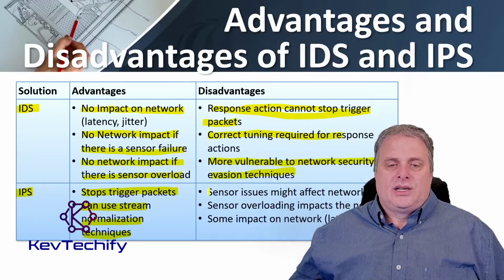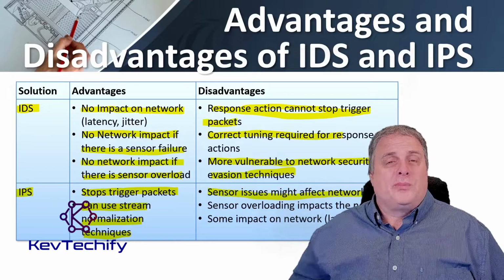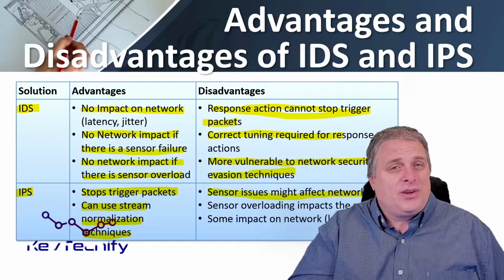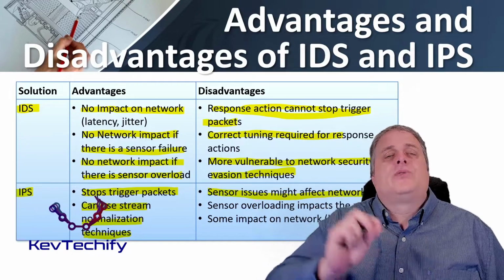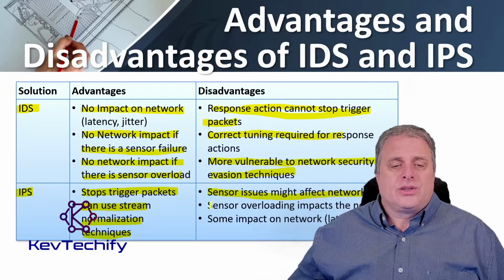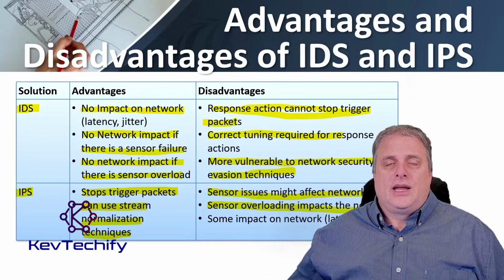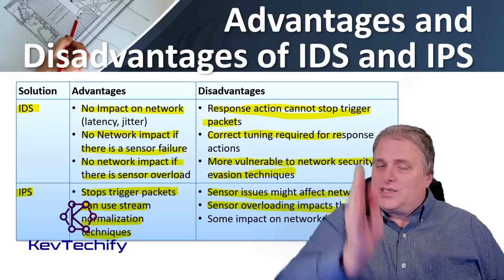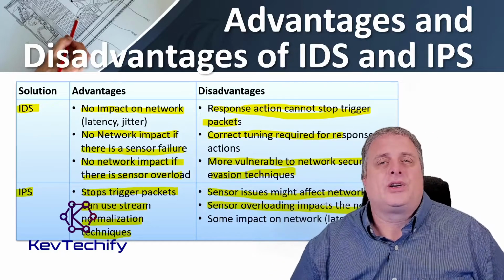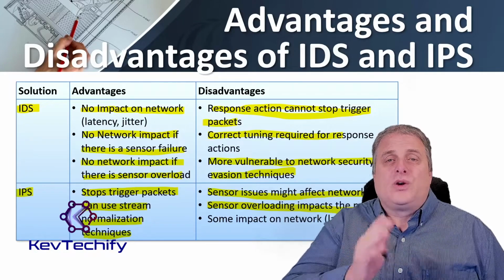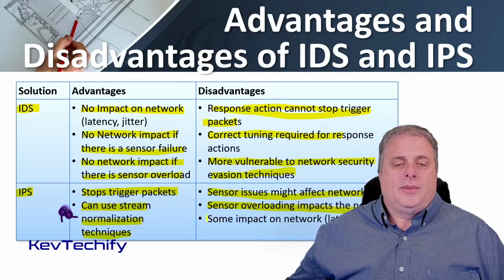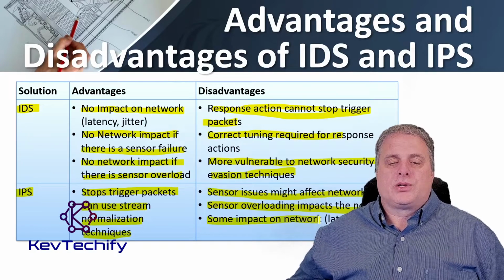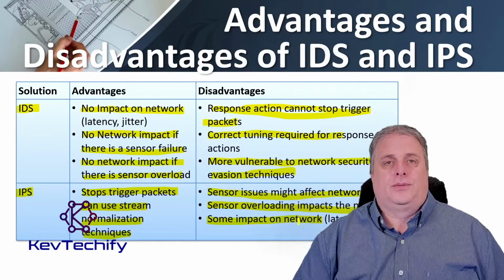Disadvantages: sensor issues might affect the network because it's in line with your traffic flow. If there's an issue with your sensor, it could disrupt that traffic flow. Same thing with sensor overloading. If that sensor gets overloaded, because it's in the main line of your traffic getting onto your network, that could impact your traffic. And because of those two, we're going to have some sort of impact on our network.